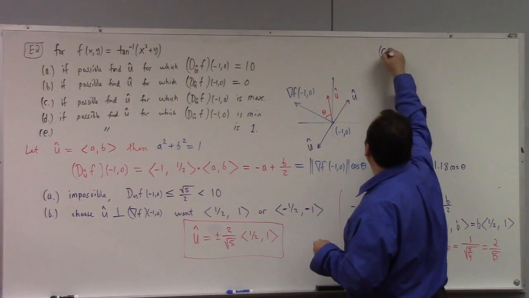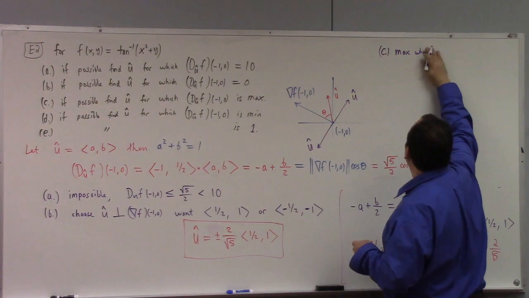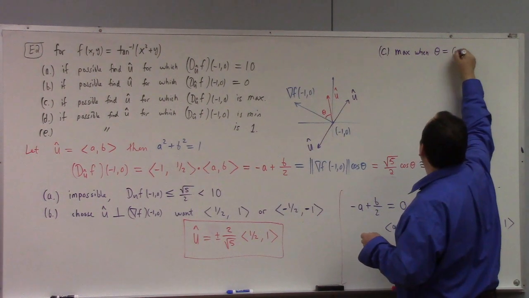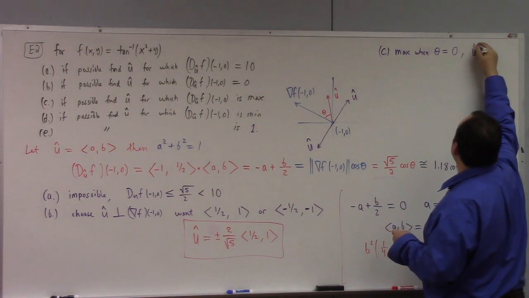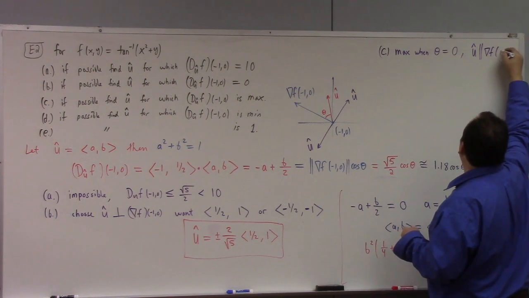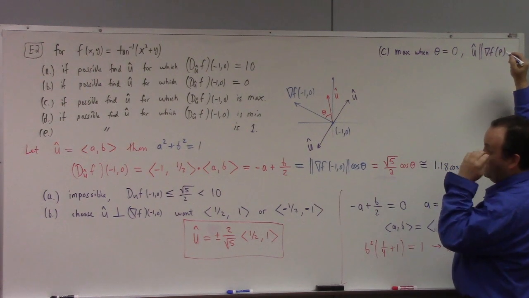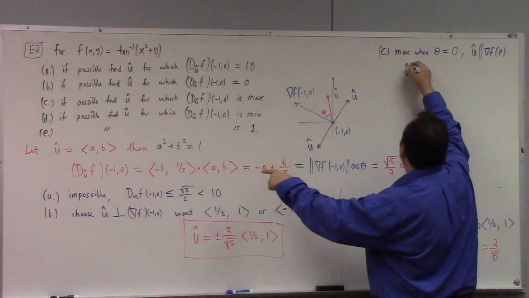So part C, max, that was supposed to be when theta equals 0, right? Which is to say that u hat should be parallel to the gradient of f at the point. And so what is that? Well, that's u hat.